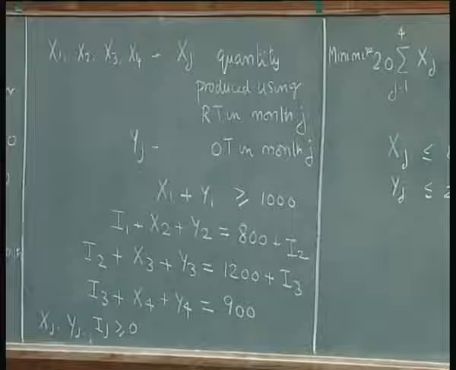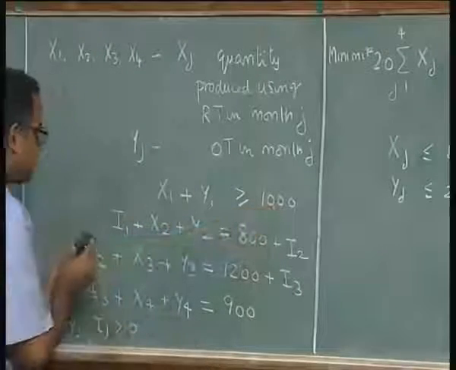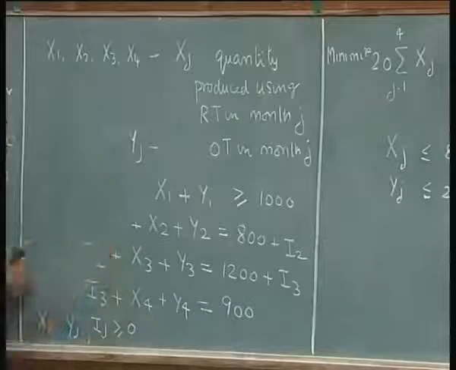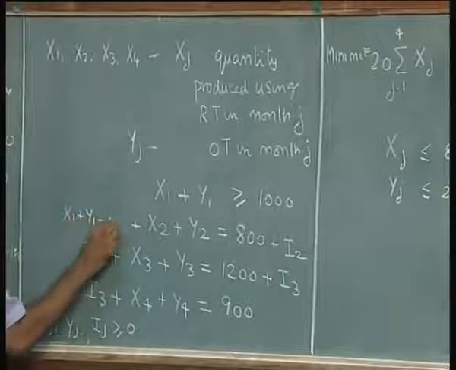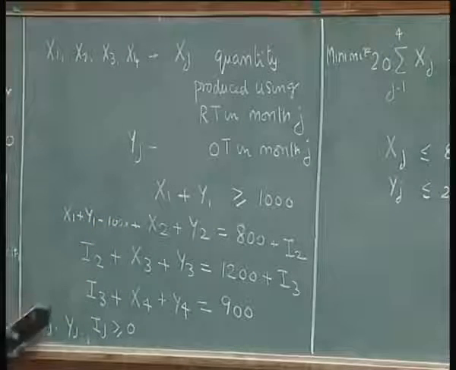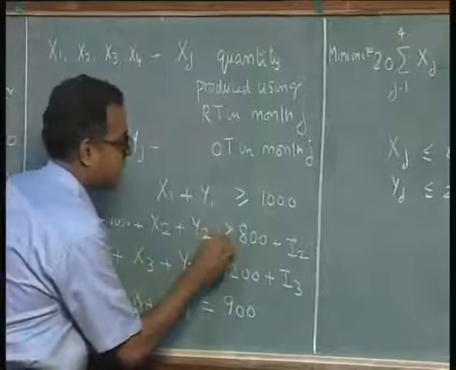So what is the excess? The excess will be x1 plus y1 minus 1000. So this will become x1 plus y1 minus 1000 plus x2 plus y2 should be greater than or equal to 800.